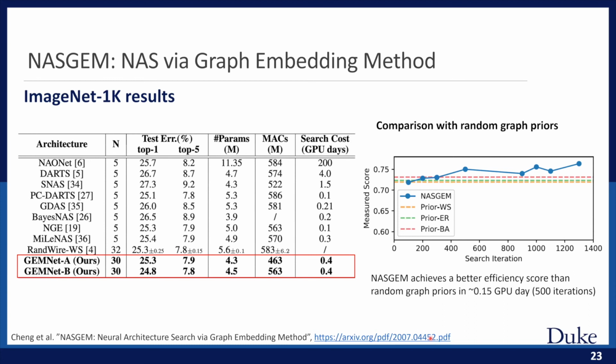It's basically 500 iterations. So the most important information we wanted to convey with this methodology is that it is very helpful in boosting the performance of the existing gradient-based NAS method.